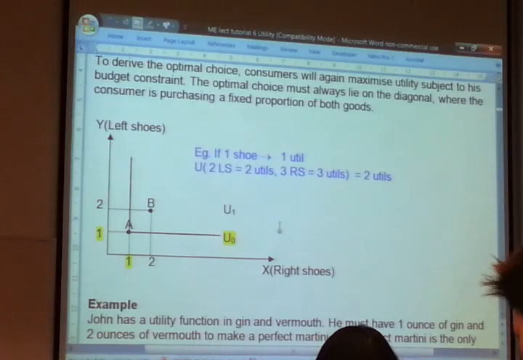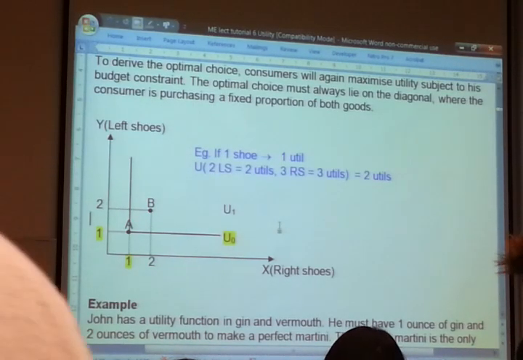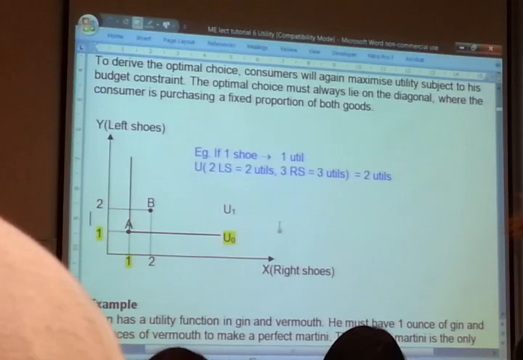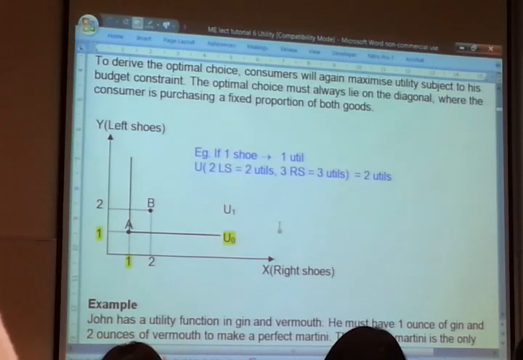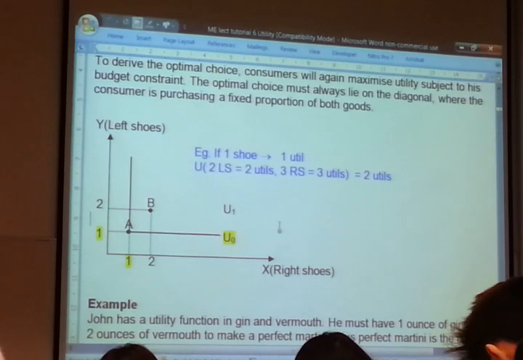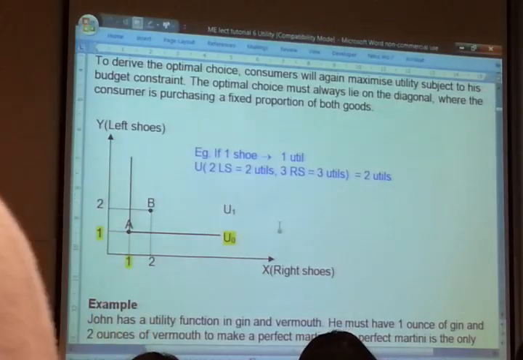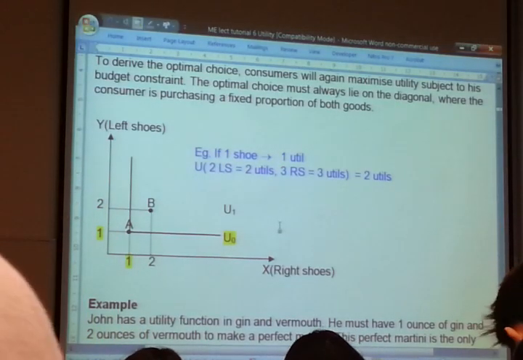When y equal 1, if x equal 3, will the utility be higher? No, still U naught. Understand? That's why it's horizontal, because they must be used together. Having one left shoe, no matter how many right shoes I have, it's no use. One will do. So that's why the utility is constant.